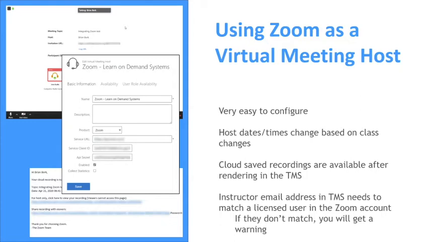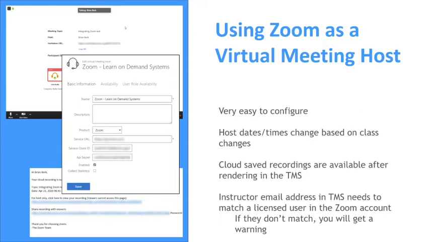There are a couple of caveats to that. Remember that when you change the times on your class in a Zoom meeting, this will automatically change not just your class, but also your classroom. So if you set it up for 8 a.m. and you want to change it to 10 a.m., you change the time and the meeting gets updated automatically.